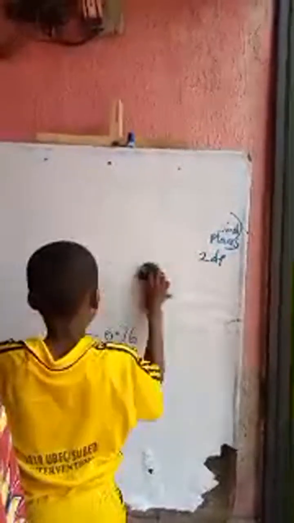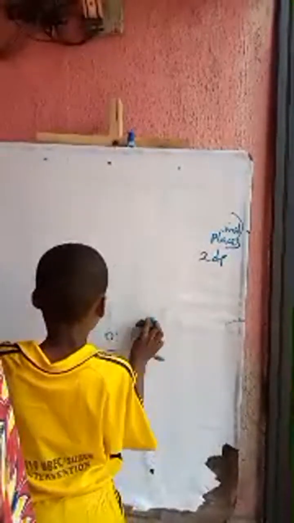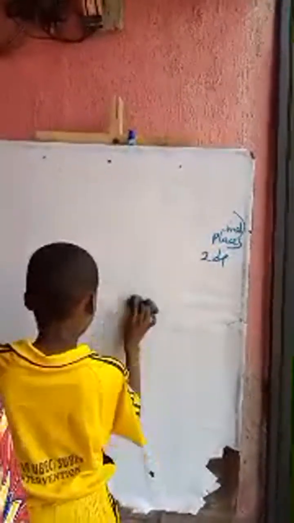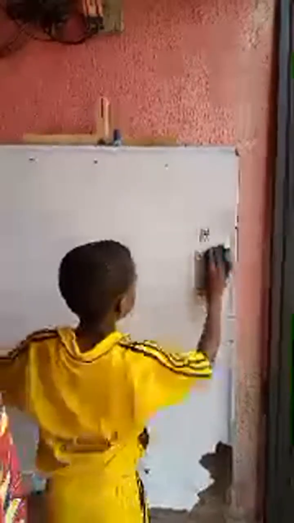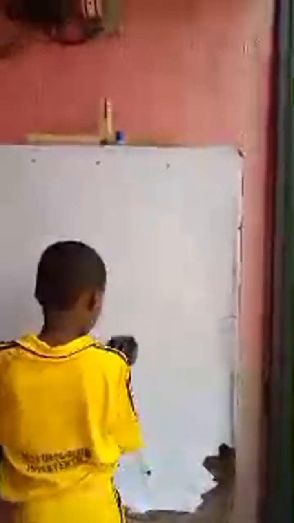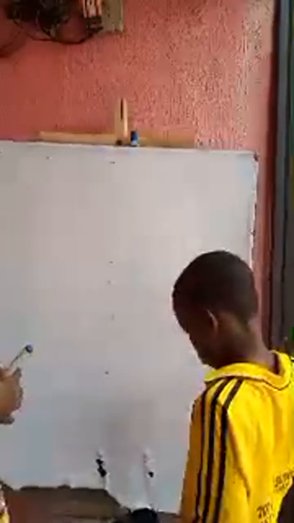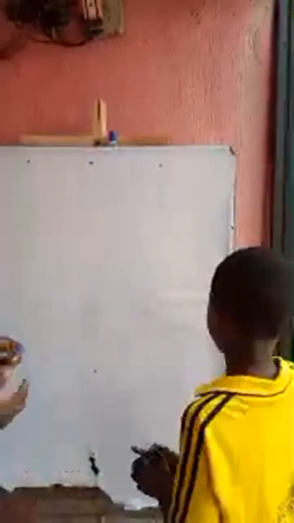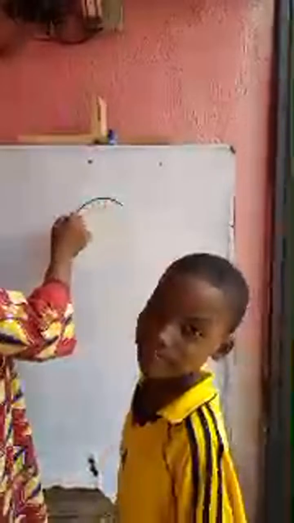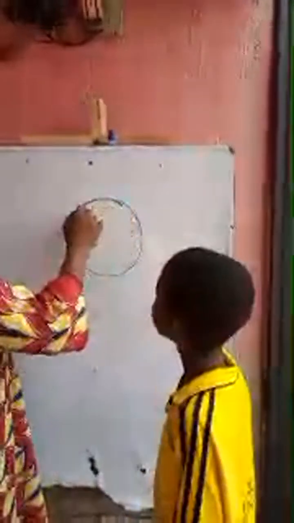Our next question is, what angle do the hour and minute hands of a clock form when it is exactly 9 o'clock p.m.? So this is our clock.